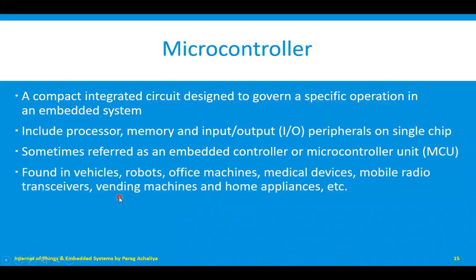Microcontrollers are commonly found in various vehicles, robots, office machines, medical devices, mobile radio transceivers, vending machines, home appliances, etc. If you know, there are some advanced vehicles available nowadays with various features.